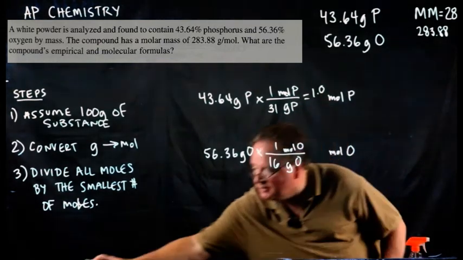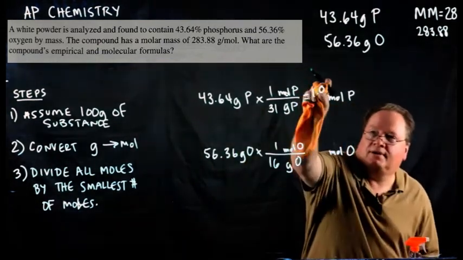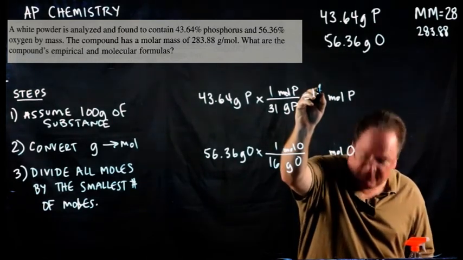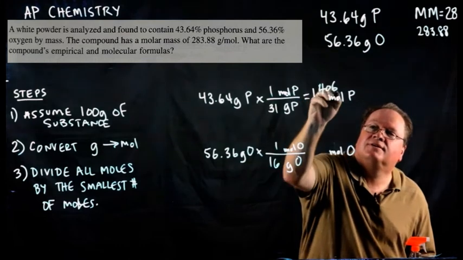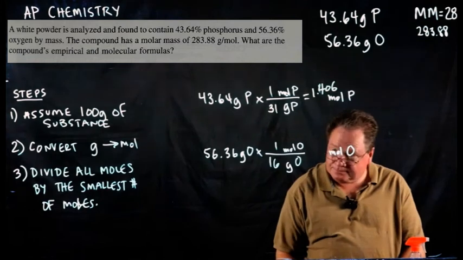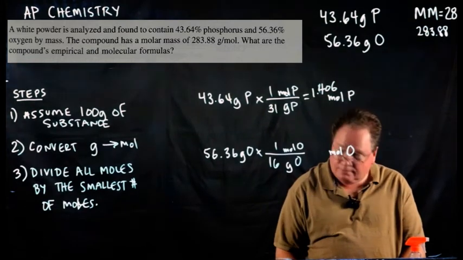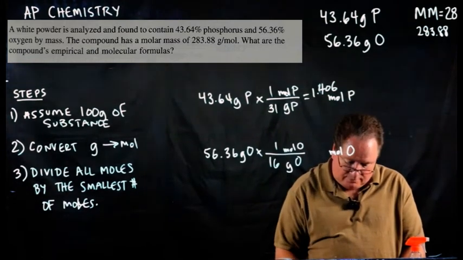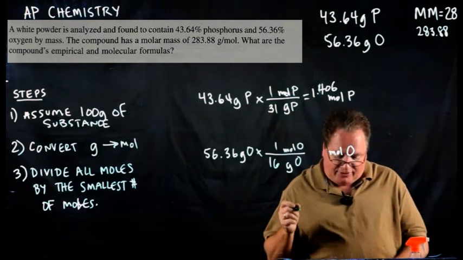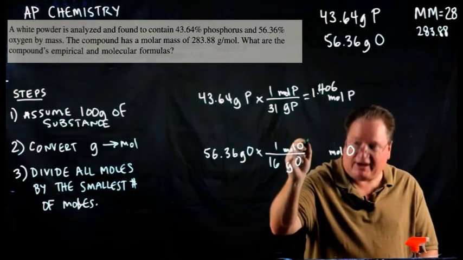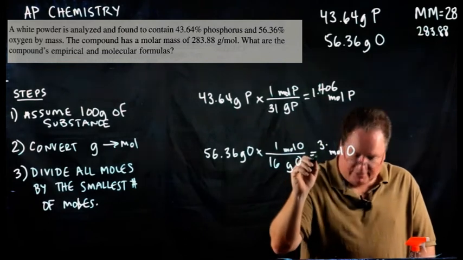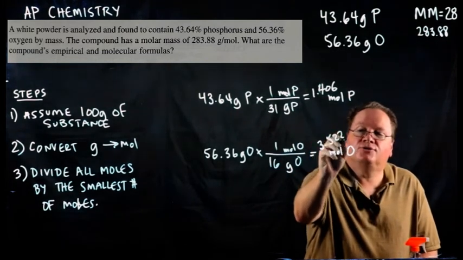I can't write. .406. Okay. And the bottom, I get 3.552 or 3.522. 3.5225.